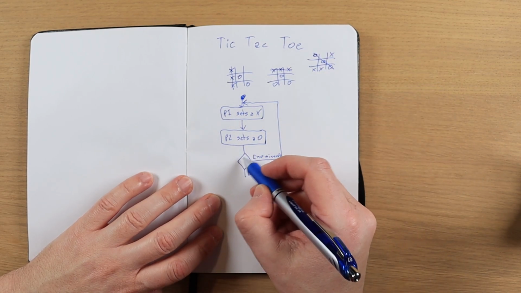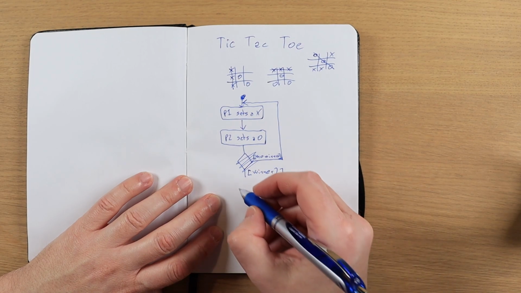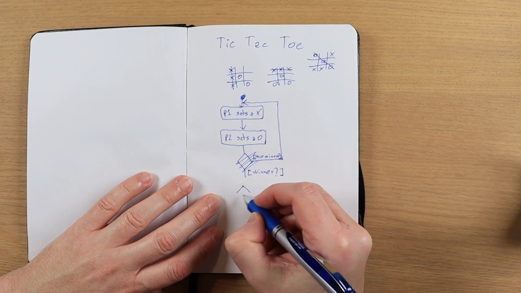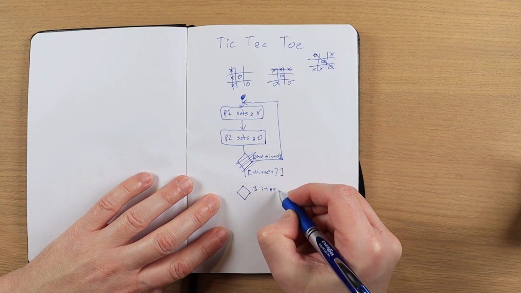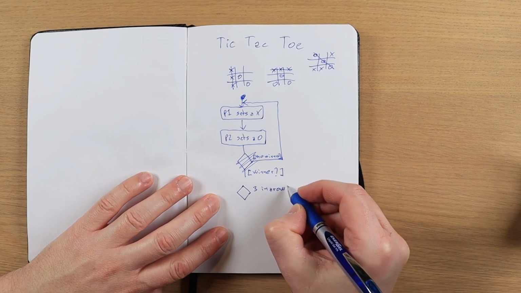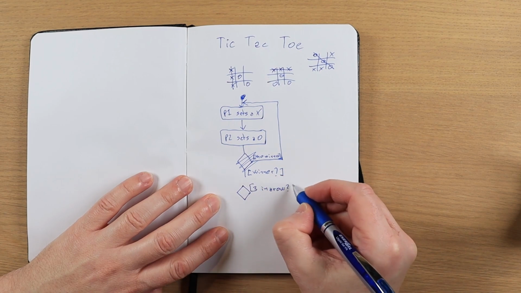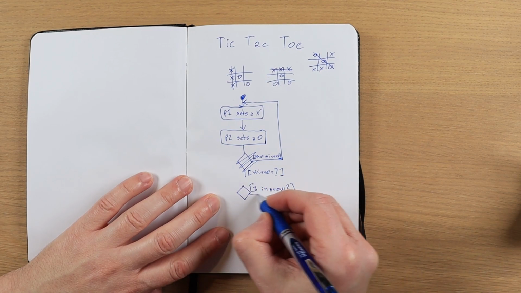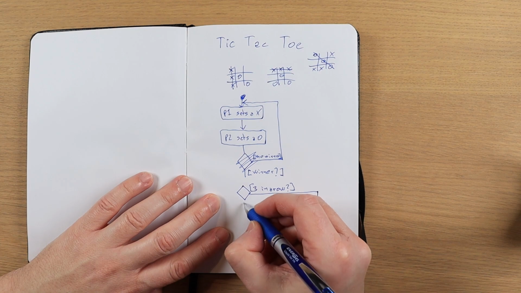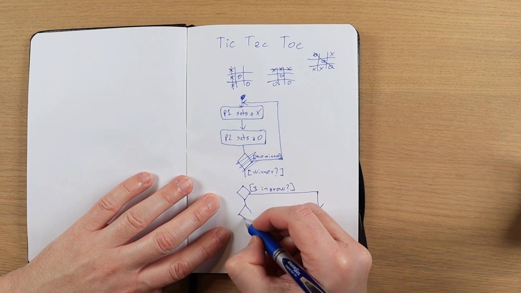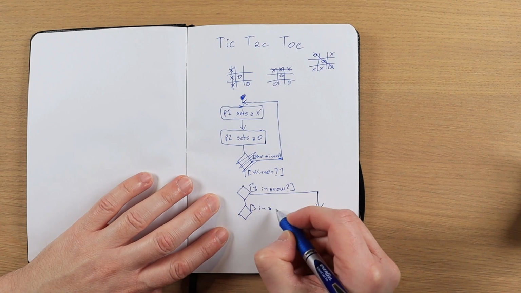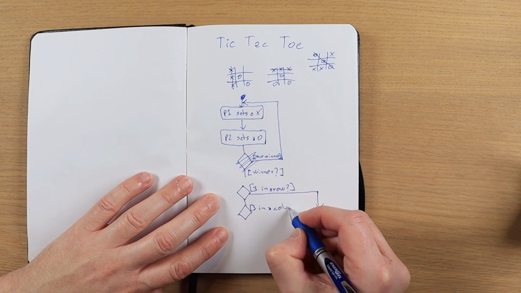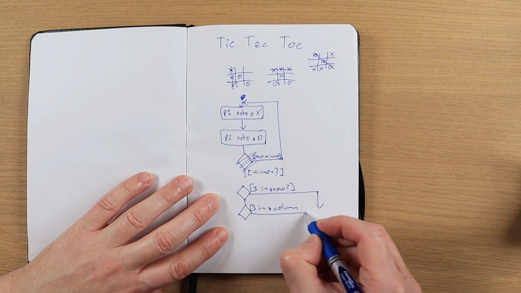So rather than checking this no winner, we would say, okay, is there three in a row? If there's three in a row, then we have a winner. Otherwise, is there three in a column? Then we would also have a winner.